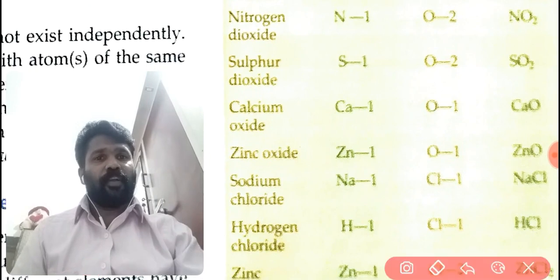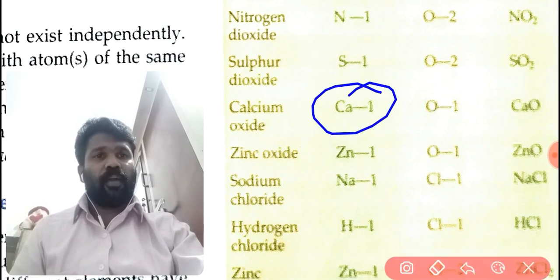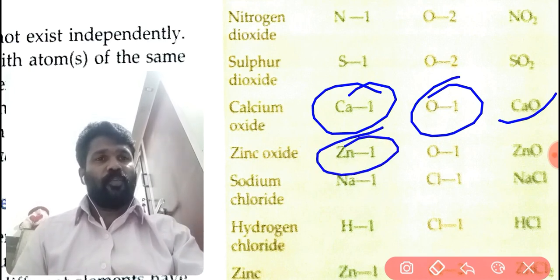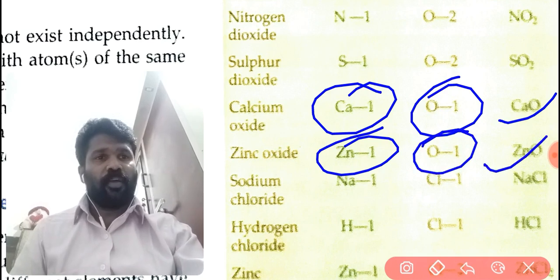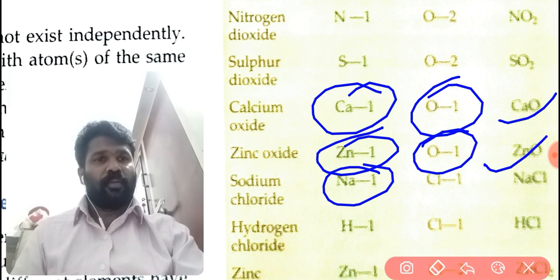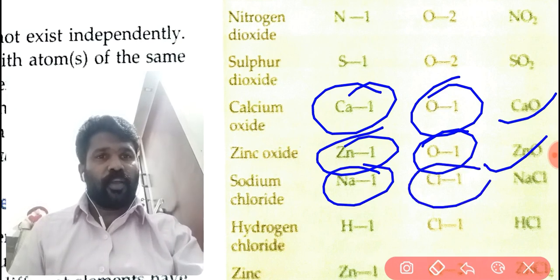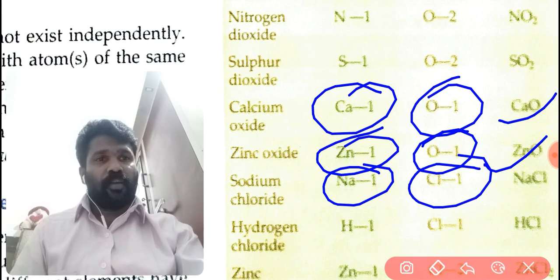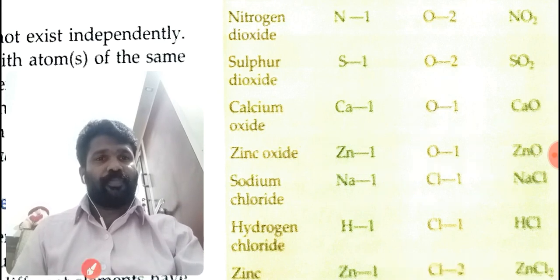Calcium oxide: Ca1 O1, CaO. Zinc oxide: Zn1, Zn means zinc, oxygen 1, formula ZnO. Sodium chloride: Na1, Cl1, Cl means chlorine, the chemical formula NaCl.